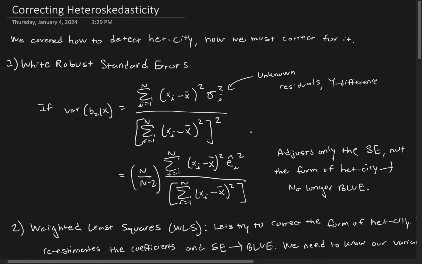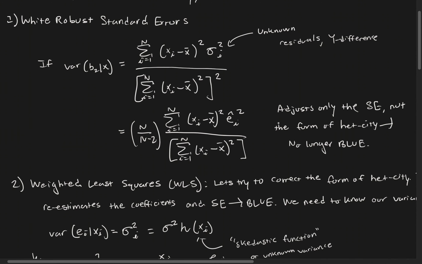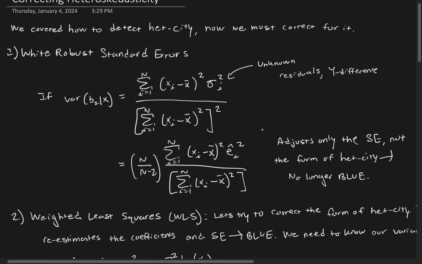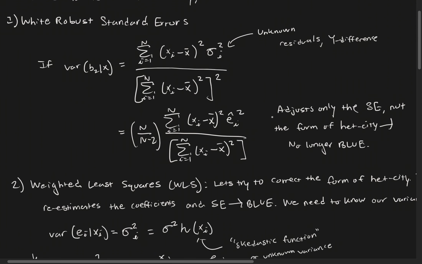What I mean by the white robust standard errors not correcting the form of heteroskedasticity is that we don't know the ideal regression functional form, if it's linear or if it's quadratic or whatnot.